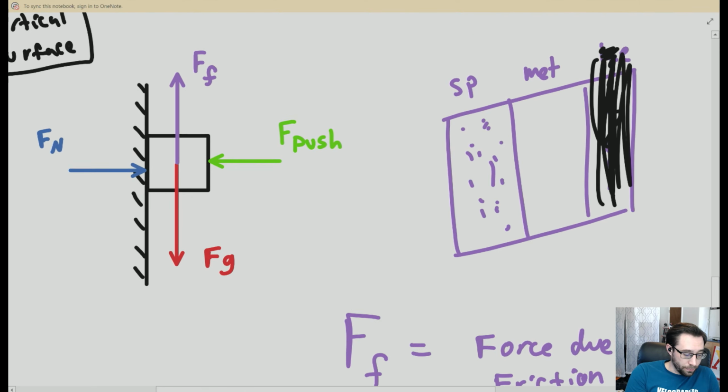So if I push the box into the wall, it's going to smush the box and the wall together more and more and more. Cool. So there's going to be a relationship between how much I push and how much friction is present.